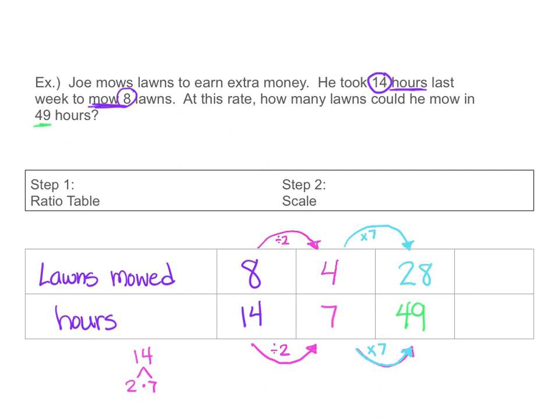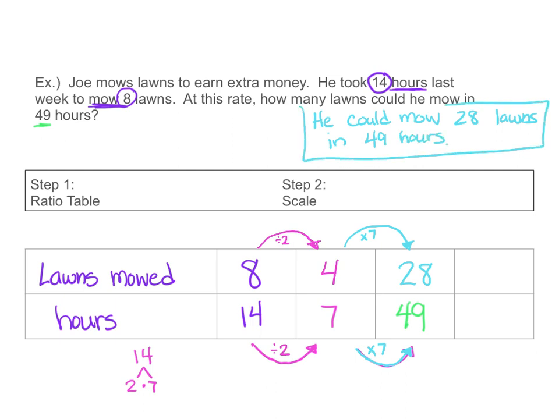It says, at this rate, how many lawns could he mow in 49 hours? So use your question to state your answer. He could mow 28 lawns in 49 hours. And then I would go ahead and box my answer.